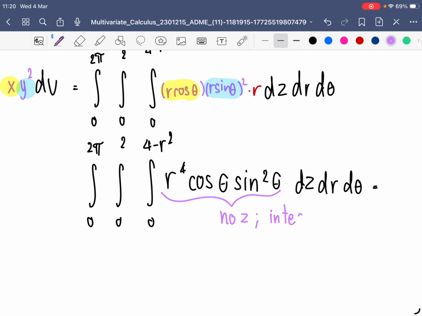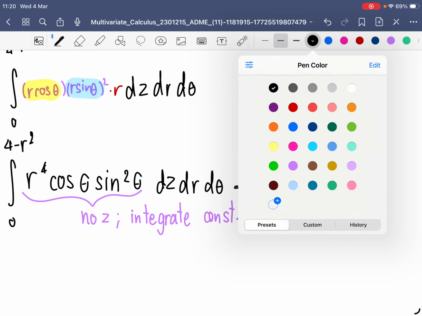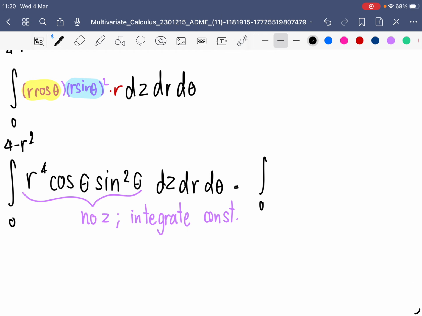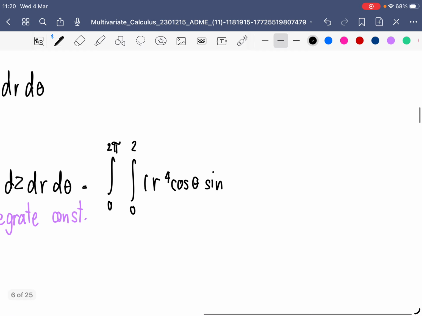So you have the integral from 0 to 2 pi, 0 to 2, r to the 4th cos theta sine squared theta, z from 0 to 4 minus r squared, dz dr d theta.